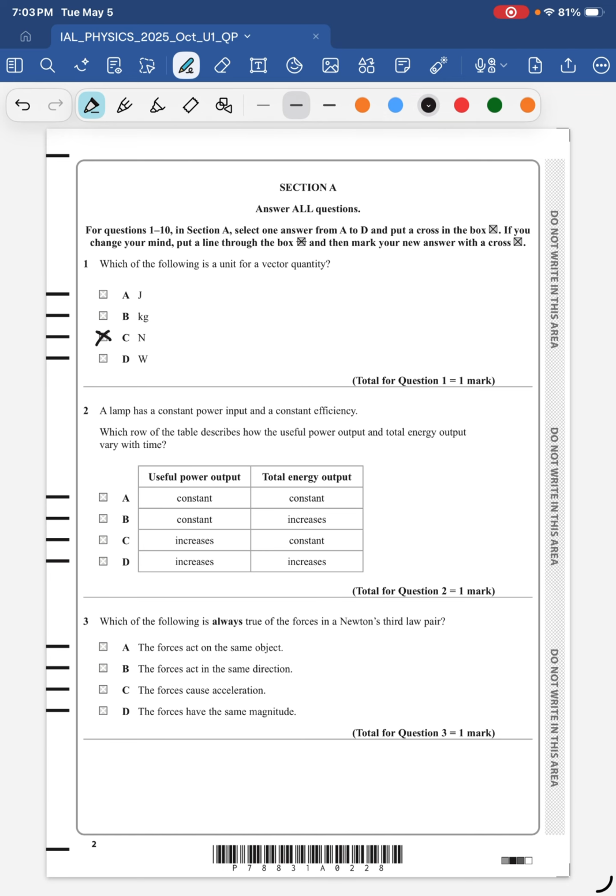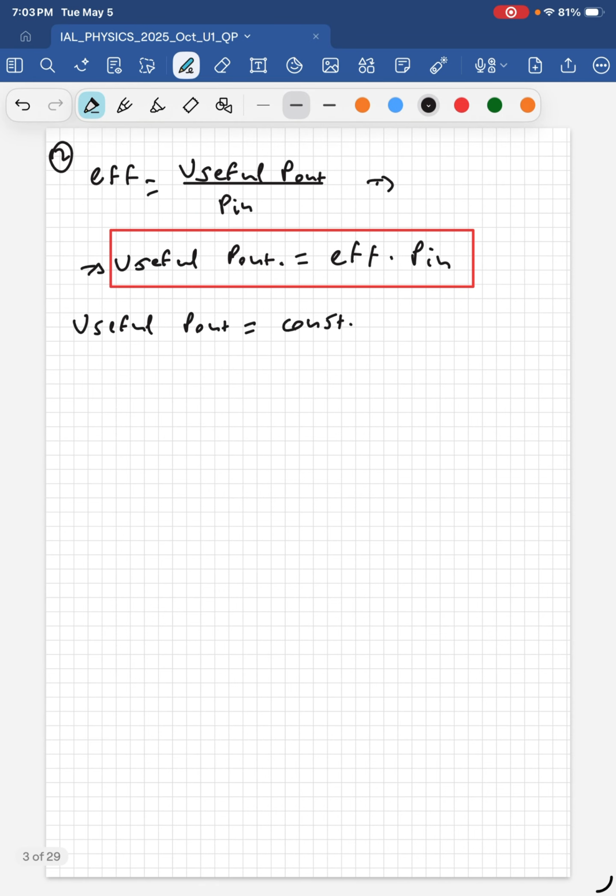Now, how do we find the total energy output? The output power, which is the useful power output, is given by energy over time, right? So the output energy is given by the output power, which is constant in time, times time.